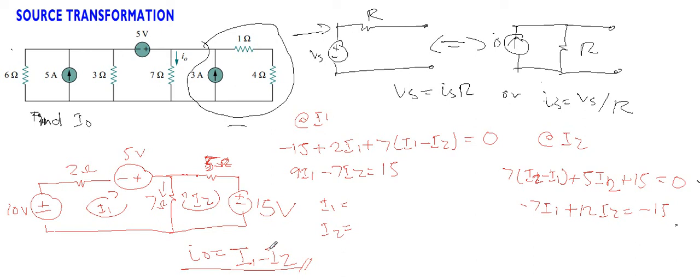So, if we solve for two unknowns, ang makukuha natin na value is 1.2712 ampere at saka negative 0.5085. Now, we have IO natin is 1.2712 minus negative 0.5085.